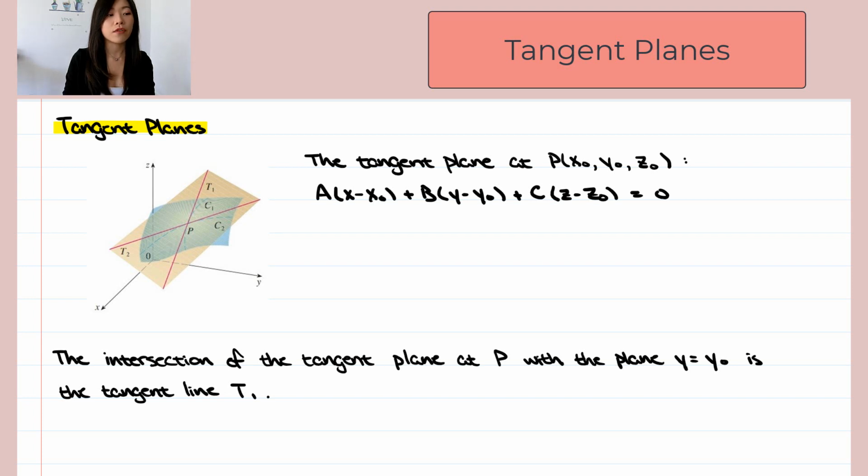That's the general form of an equation of a plane that passes through the point x0, y0, and z0. And the constants in this equation, a, b, and c, are the components of the normal vector of the plane.